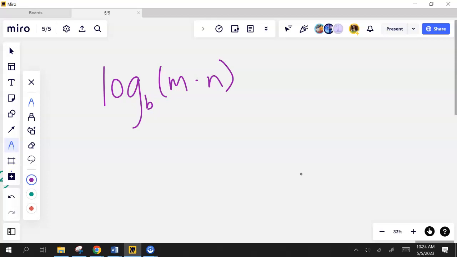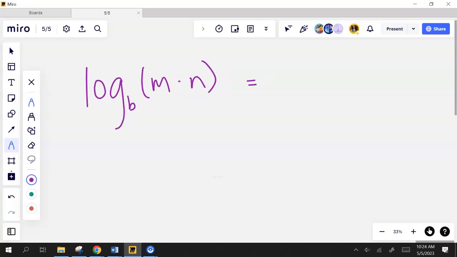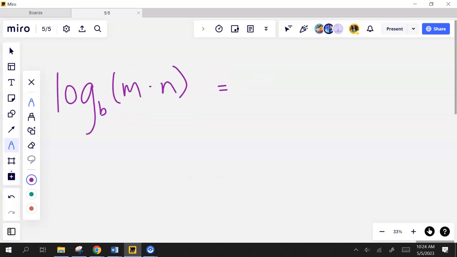So if I have this log with a base of b and I am multiplying inside the parentheses that are hooked to this log, I can separate that out. Now if you multiply something with the same base, what do you do with the exponents? You add them. So I can split this up: log base b of m plus log base b of n.